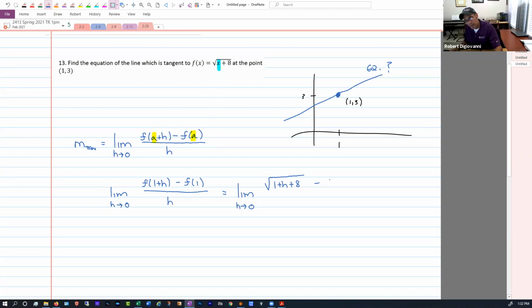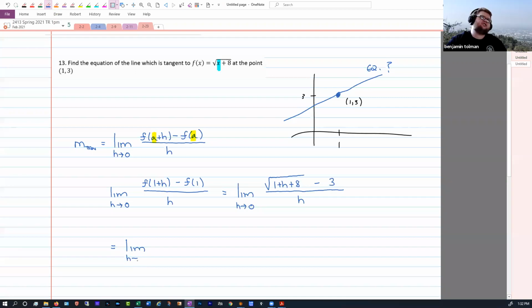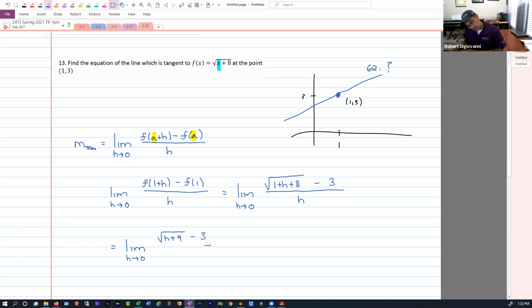We did that earlier and we got 3, so that didn't change. And on the bottom we have h. Maybe there's one more thing we can do before we go any further. Conjugate, I'll do that in a second, but let me do this. I'm going to write the square root of h plus 9 minus 3 over h. Do you see all I did was put the 1 plus 8 together and got a 9? Okay.